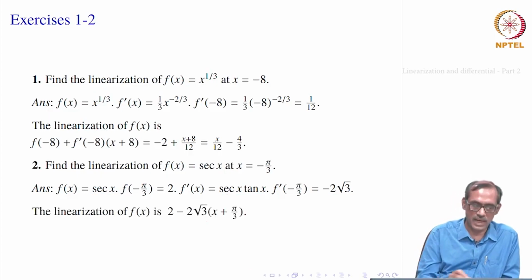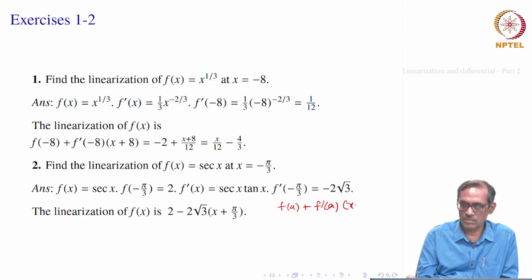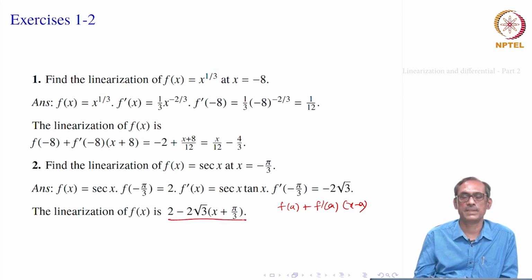Then the linearization is L of x, which is f of a, that is 2, minus f prime, which is minus 2 by 3, and then into x minus pi by 3. So, it is f of a plus f prime a into x minus a. So, f prime a is minus here, that is why 2 minus 2 root 3 into x plus pi by 3.